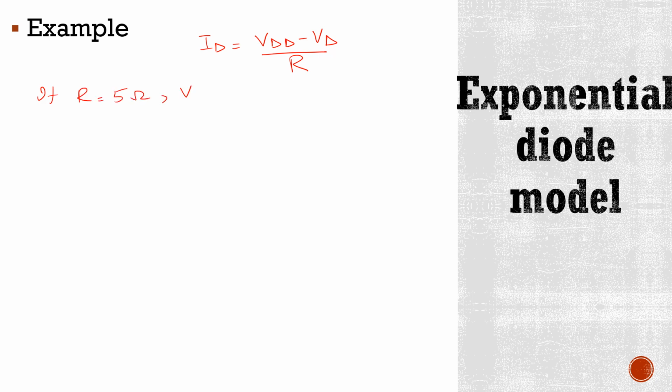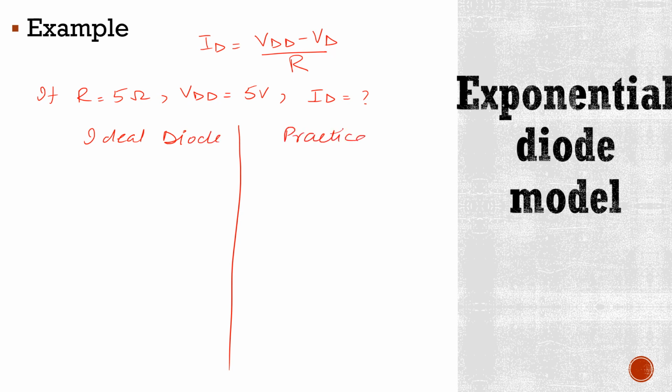Now, look at this example. We know that ID is equal to VDD minus VD upon R. If R is 5 ohms and VDD is 5 volts, then what is the value of diode current in case of ideal diodes and in case of practical diodes?